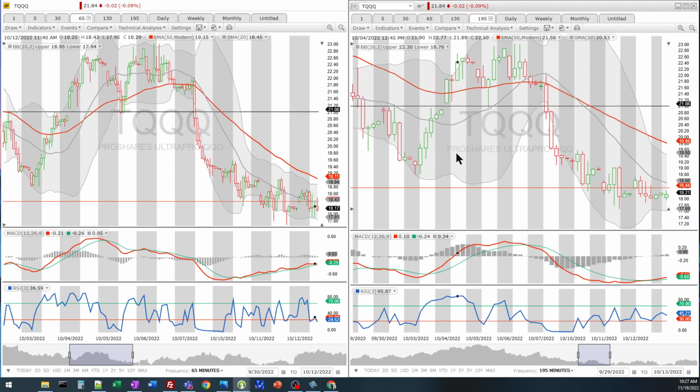If the 195 minute is showing clean breaks above the EMA 50, oh, 100%. Look at that. Way above the EMA 50. Oh, this is an interesting look here. That's what this big wick is right here.